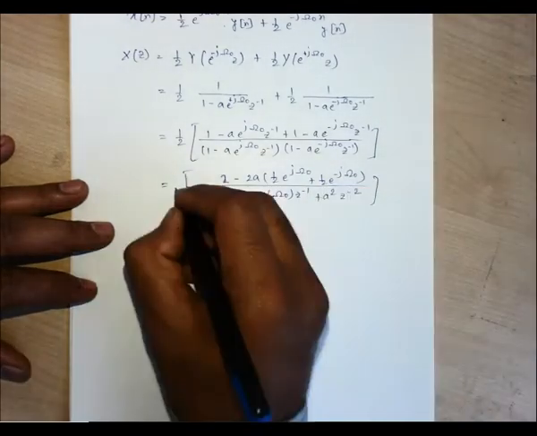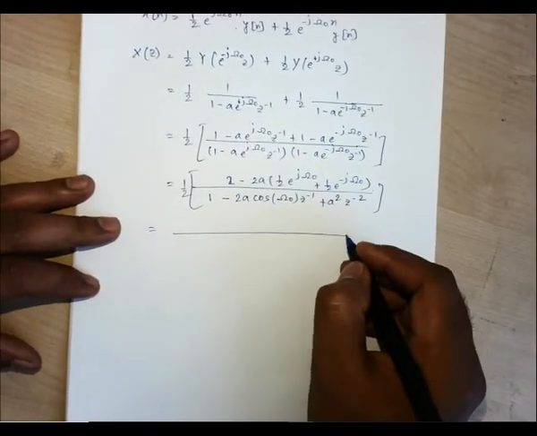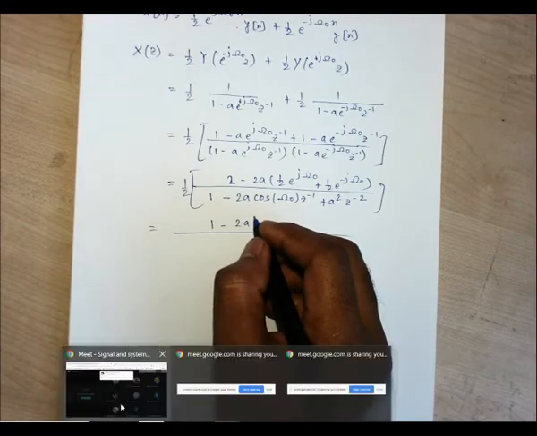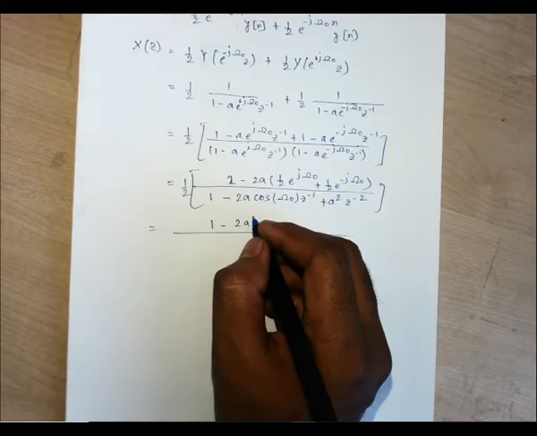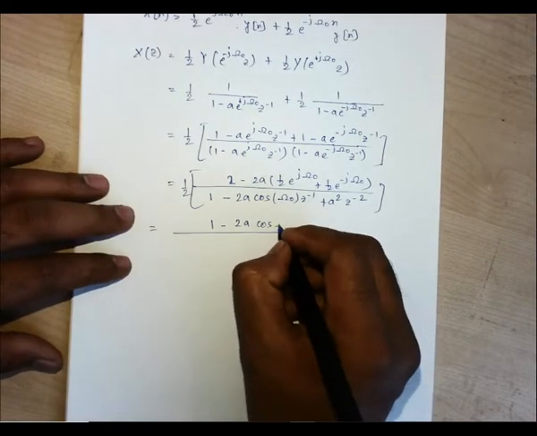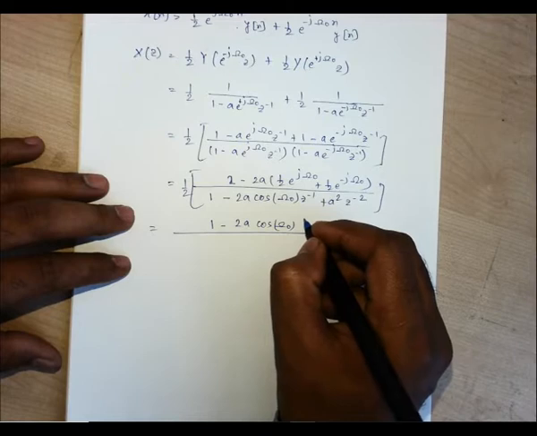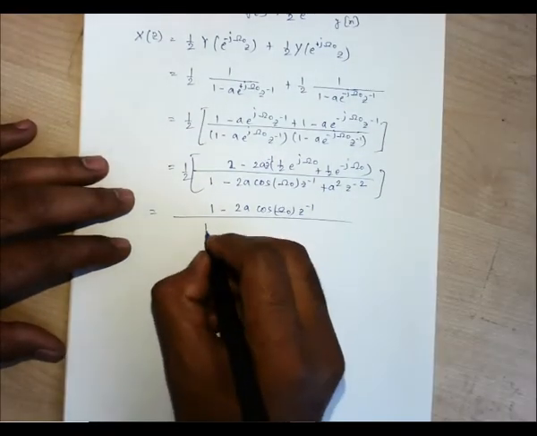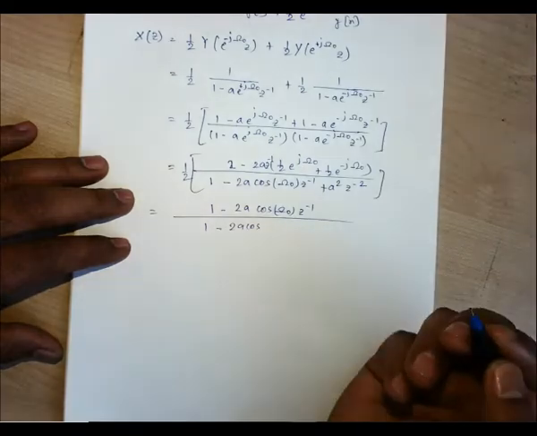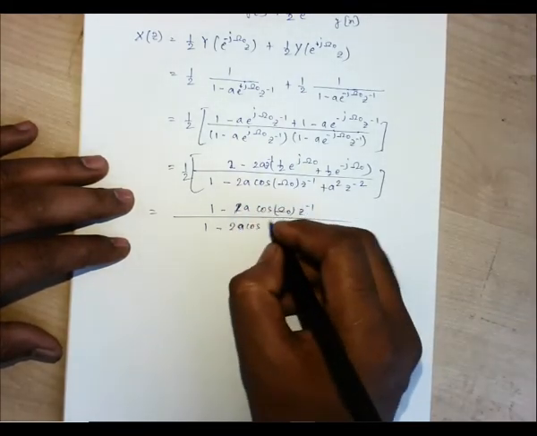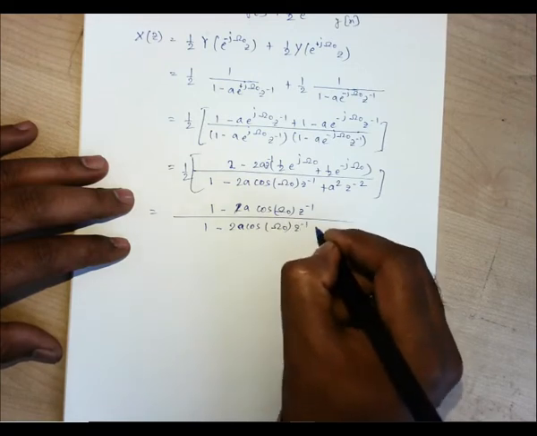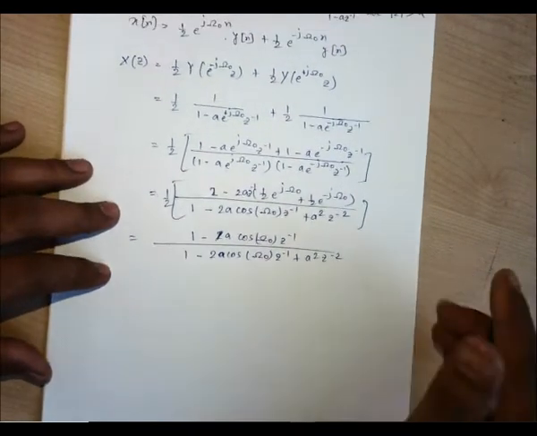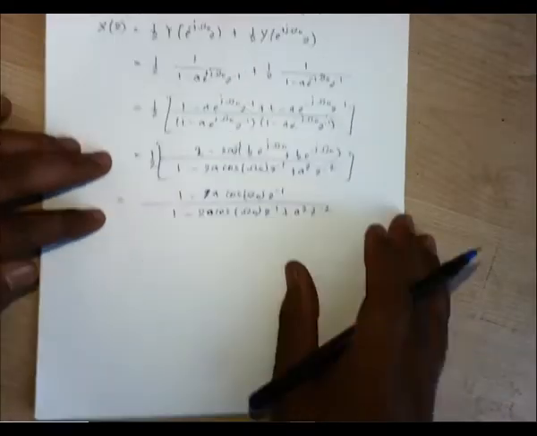So here 1 by 2 is there, so this 2 will get cancelled, so this one will be 1 minus twice a cos of omega naught into z inverse, z inverse we take common, so 1 minus twice a cos omega naught z inverse plus a square z to the power minus 2, and this ROC will remain the same as whatever we are having for this y of z.